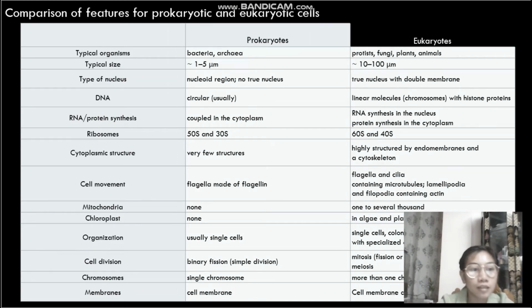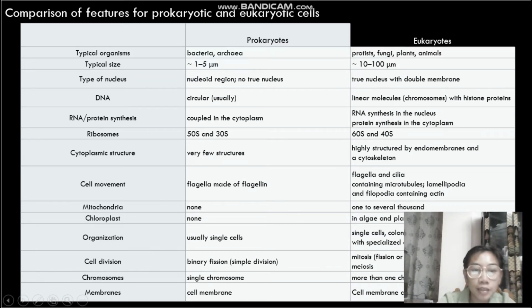Next, in this illustration, we see the comparison of features for prokaryotic and eukaryotic cells. For the typical organism, prokaryotes include only bacteria and archaea, and for the eukaryotes, we have the protists, fungi, plants, and animals.